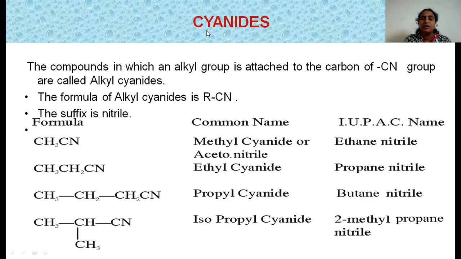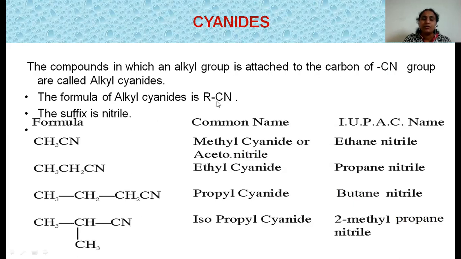So first let us see the cyanides. Cyanides are nothing but the compounds in which an alkyl group is attached to the carbon of CN. CN is called the cyanide group, and these are also called alkyl cyanides. The formula of alkyl cyanide is represented as RCN.